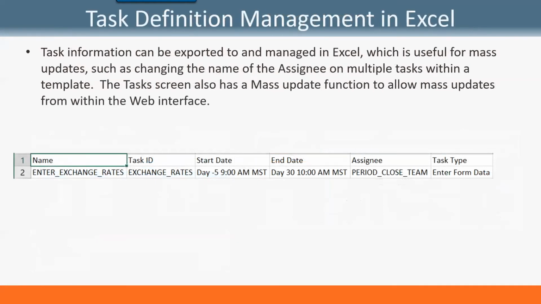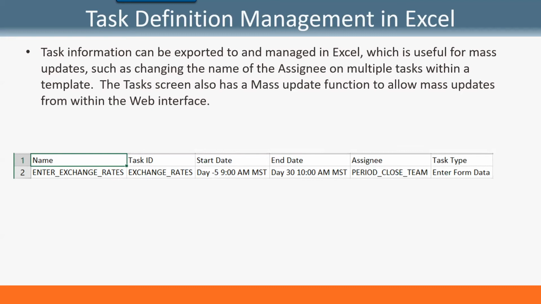Now, I know that having seen everything up to this point, some of you are going, can we modify that in Excel? Because I love doing stuff in Excel. So the answer is, of course. There are some mass update options directly in the screen where you view a list of task definitions.